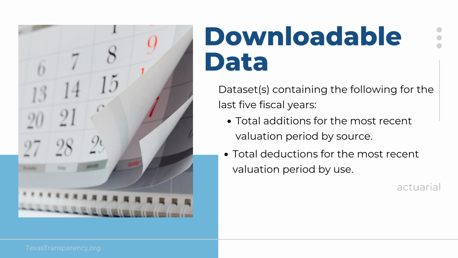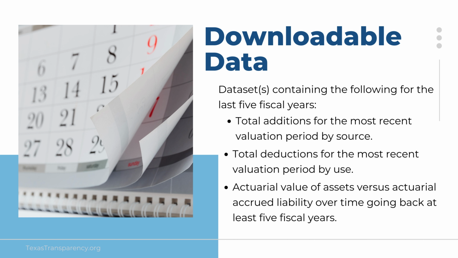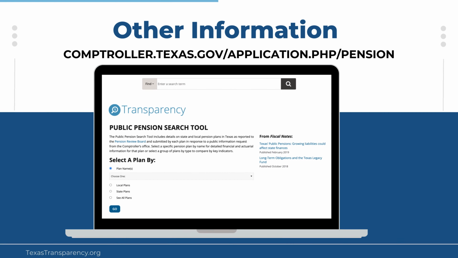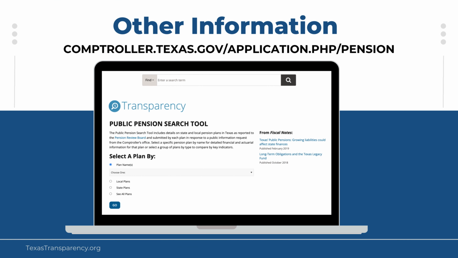Additionally, data showing the actuarial value of assets versus actuarial accrued liability over time going back at least 5 fiscal years should be made available for download in a tabular or spreadsheet format to aid in research. For the final criteria, please include a link to the Texas Comptroller of Public Accounts Public Pension Search tool.